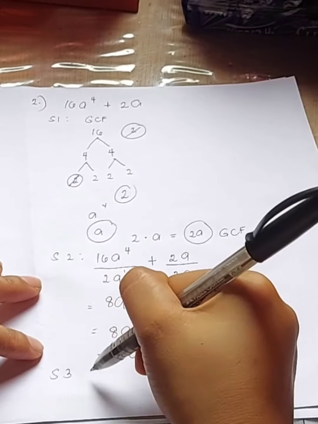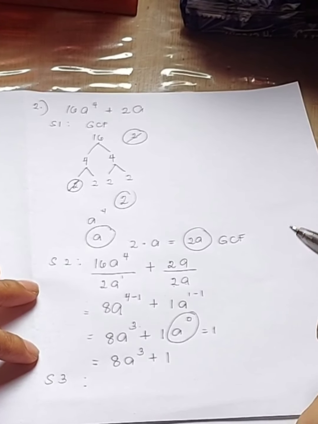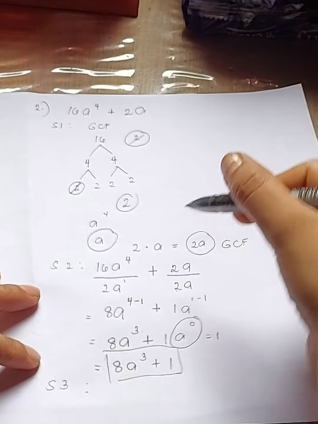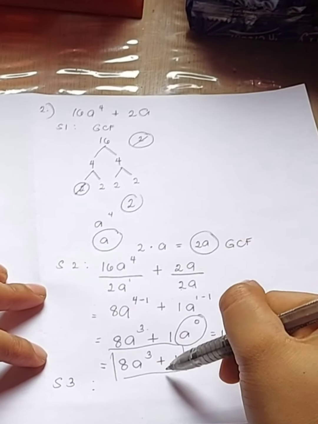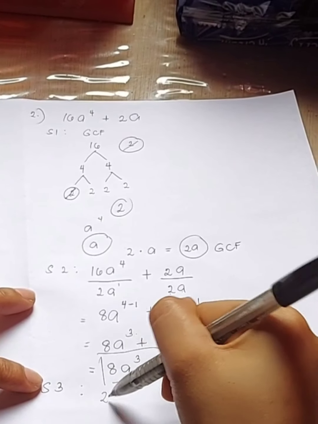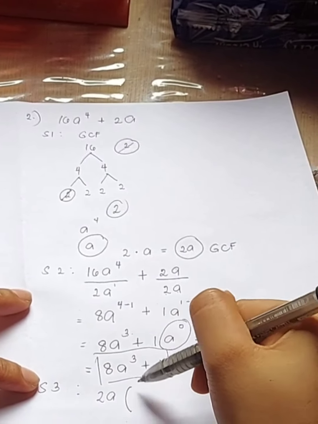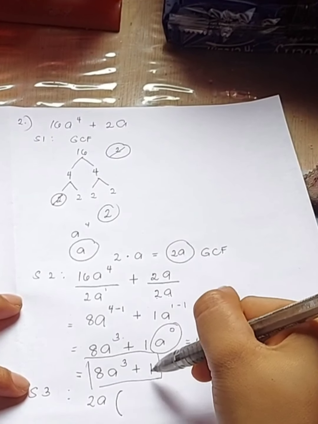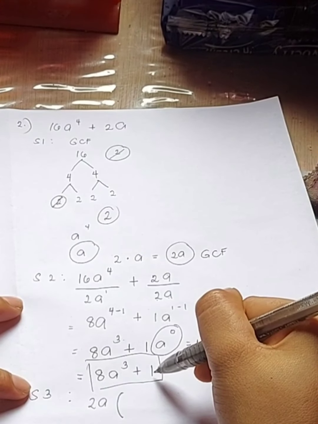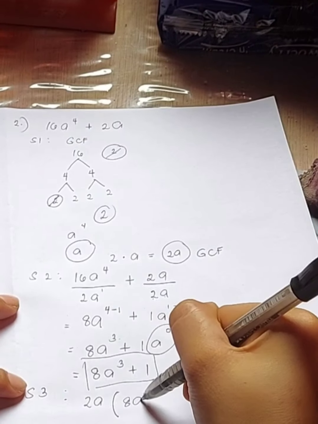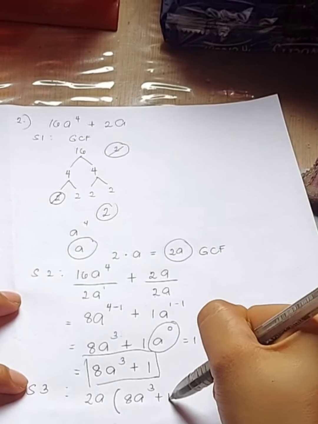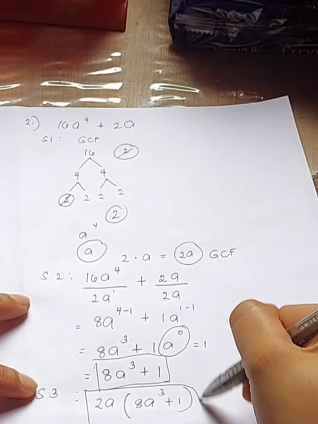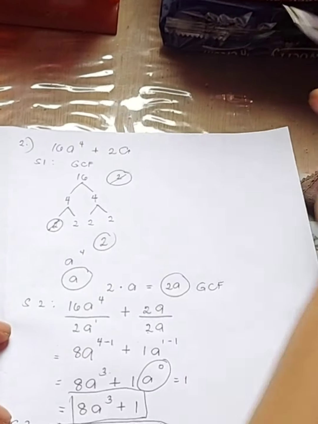Now, let's proceed to step 3. Multiply the result of step 1 and the result of step 2. So that is 2a times, enclosed with parentheses because the result is more than one term, 8a cubed plus 1. So this is the factored form of this.